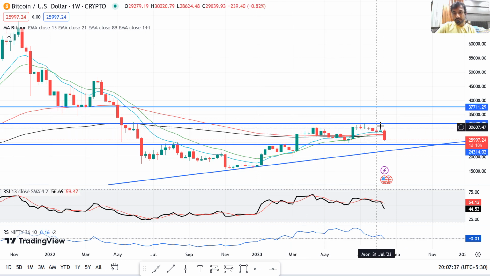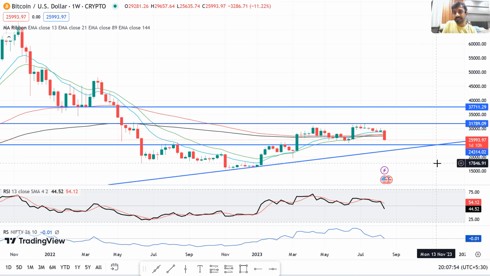In this zone, it took resistance at 31,789, and the support would be 24,314. This zone is very important. If Bitcoin breaks out of the zone, we may start seeing further upsides towards 37,700 and beyond. Otherwise, do not enter into this.